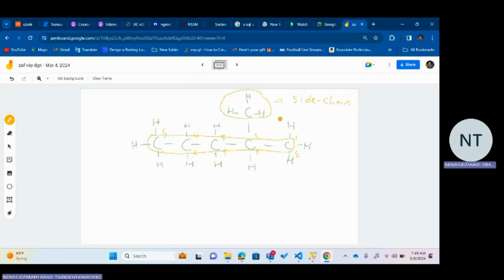Then let's check where this side chain is positioned. In the forward order, it is positioned on C atom number 4, but in reverse order, it is positioned in position 2. So the importance of numbering is that.